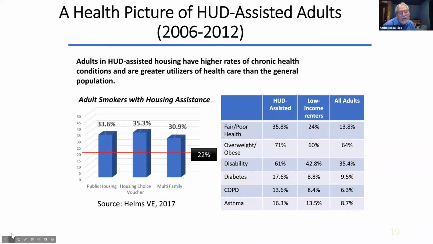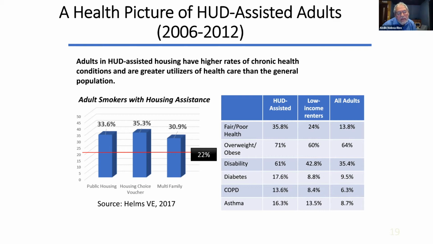And I won't go through all of this, but in general, this health picture shows that adults in assisted housing have higher rates of chronic health conditions and are greater utilizers of health care than the general population by considerable margins, as compared with general health conditions such as obesity, disability, diabetes, COPD, and asthma, as compared with the general health conditions of HUD-assisted low-income renters, and then compare it to all adults.